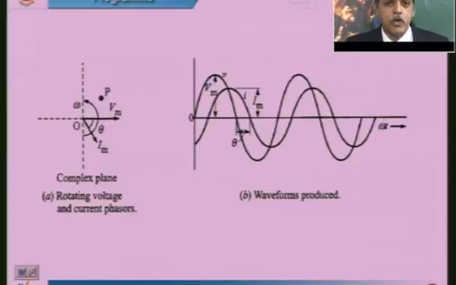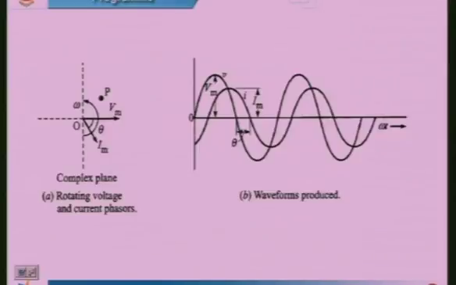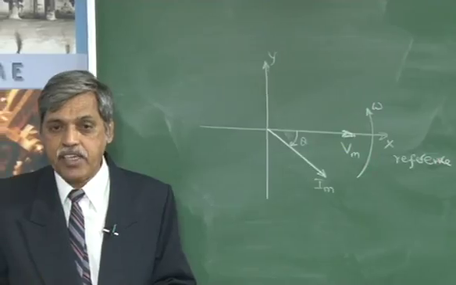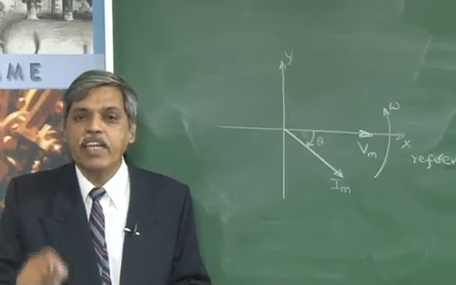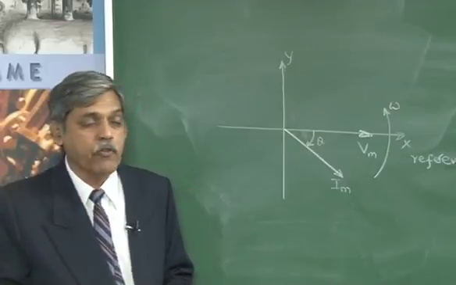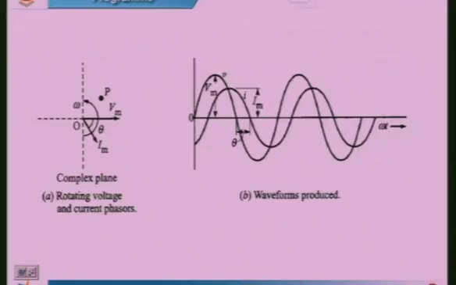So if you see the voltage waveform here, by the time the voltage moves by an angle of theta in the counterclockwise direction, the current vector will be along the positive reference axis, then its projection on the vertical axis will be 0, therefore you will be getting a 0 value of the current.